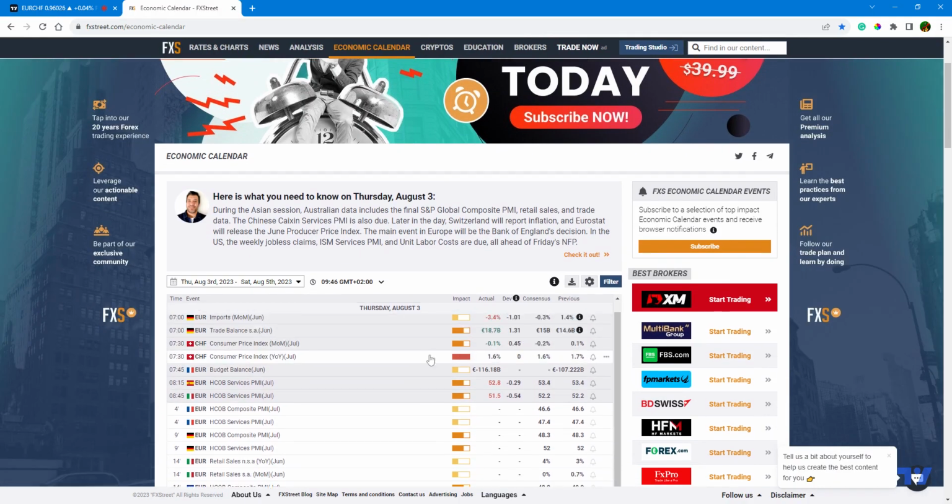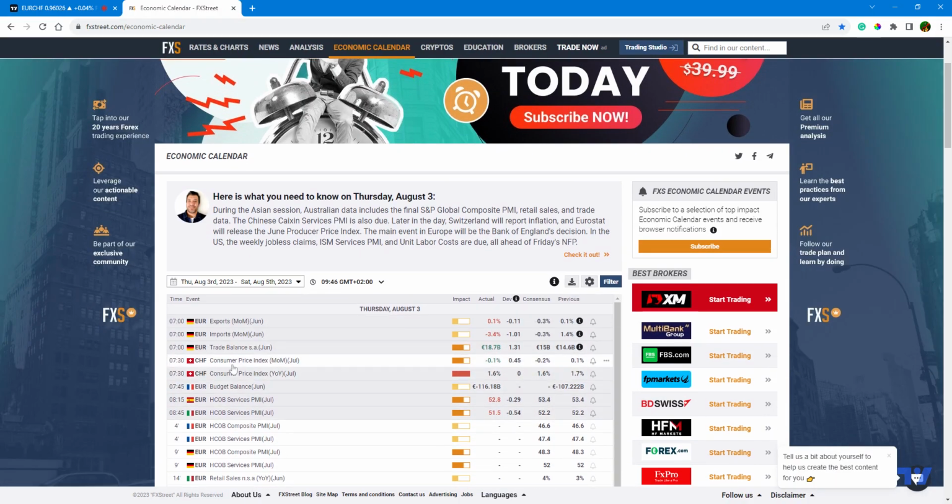Also, from a fundamental perspective today, we had also the consumer price index from the Swiss. We may see that during the previous month it was 1.7% and it slowed down to 1.6%.